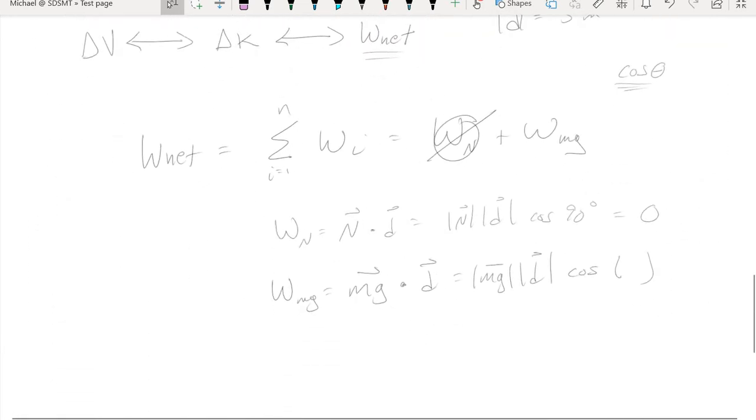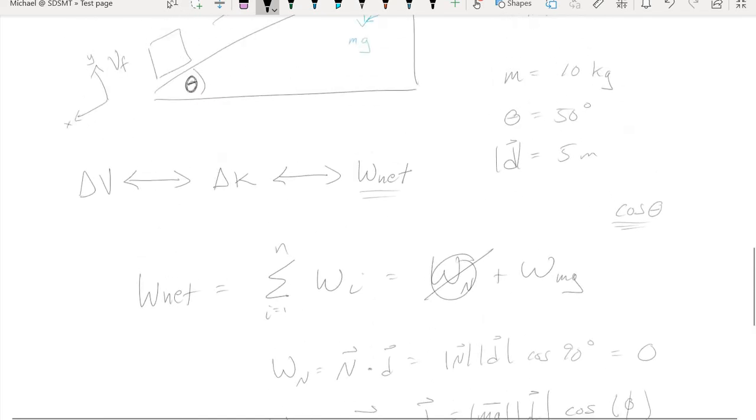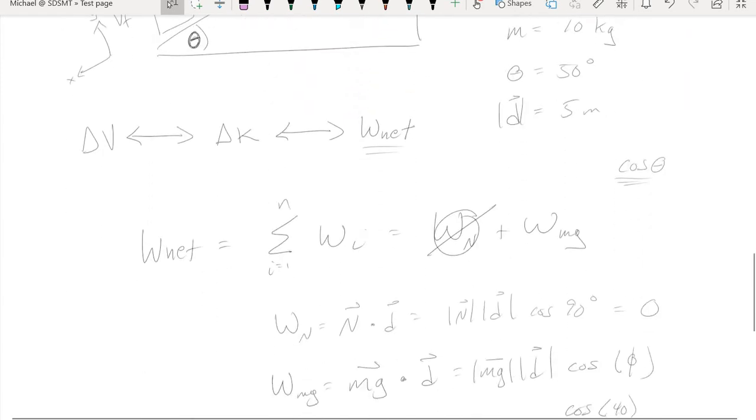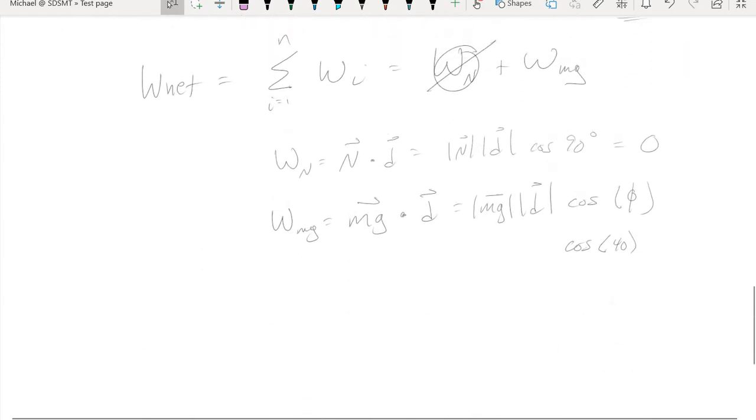All right, so phi is the 40 degrees. Need to figure out what cosine 40 is. The mass was 10. The displacement was 5, so we've got 10, 9.8, displacement was 5, we've got cosine of 40.